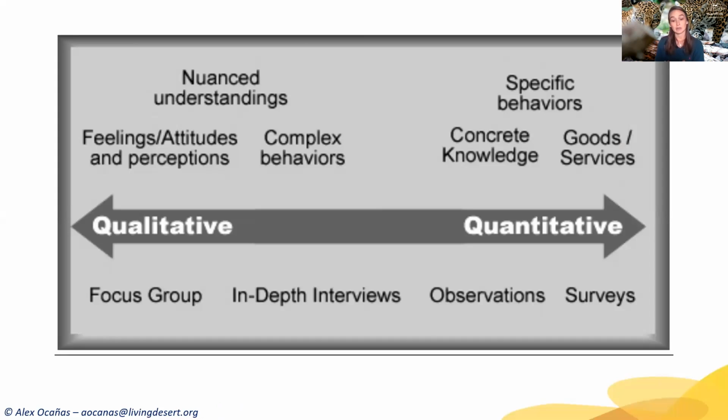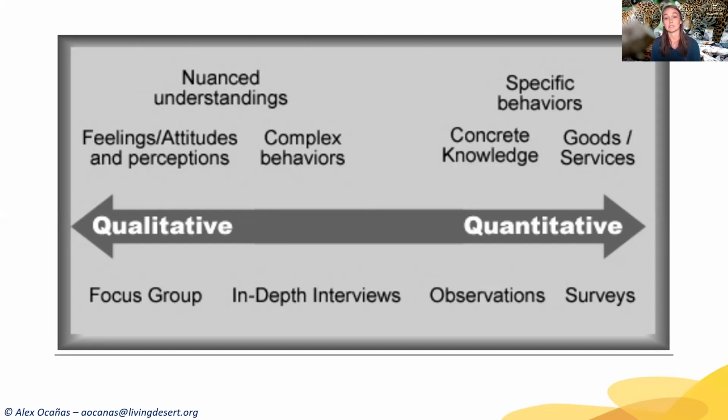So the questions you have are related to things like feelings, complex behaviors, attitudes perhaps on some sensitive topics, or where you just want a lot of detailed information that's maybe nuanced or specific to that condition or behavior. Then you would use more qualitative methods, things like focus group, group discussions, in-depth interviews to really get at that nuance and get at the detail in that story.